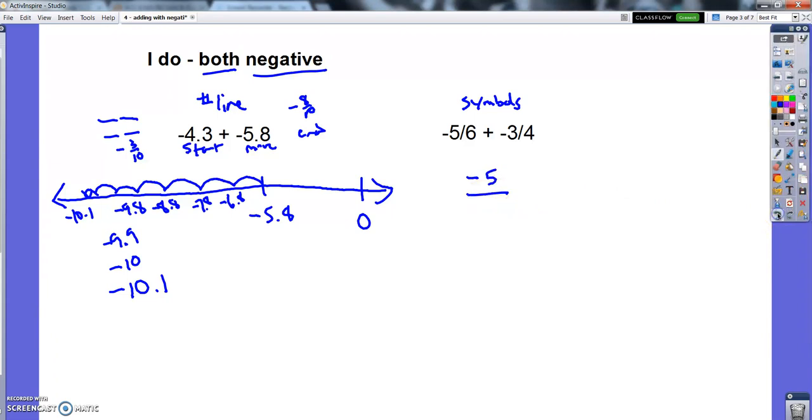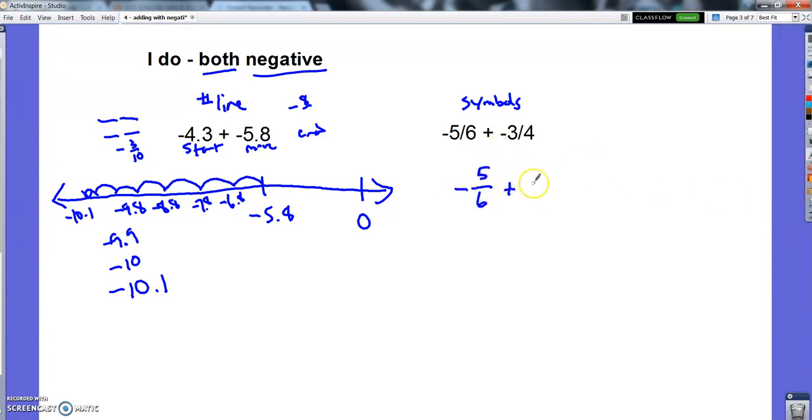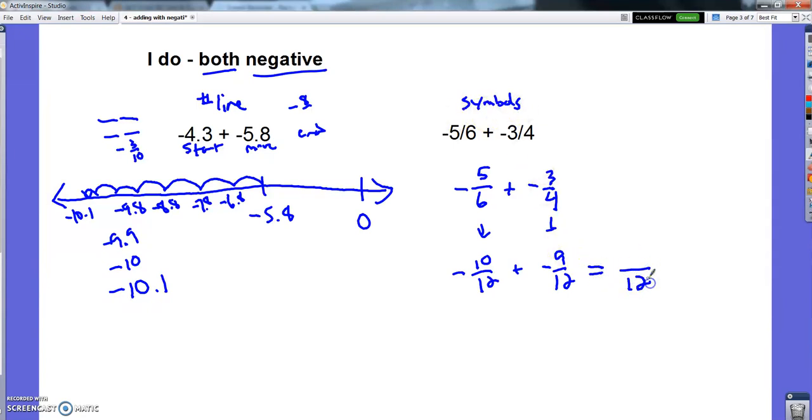let me write that a little neater for you. So with fractions, before I can add these anyway, I need a common denominator. So like I'm going to do, this is -10 12ths, excuse me, and this is -9 12ths. And what I like, the symbols kind of work here for me, because I know my answer is going to be 12ths if I'm adding 12ths and 12ths.